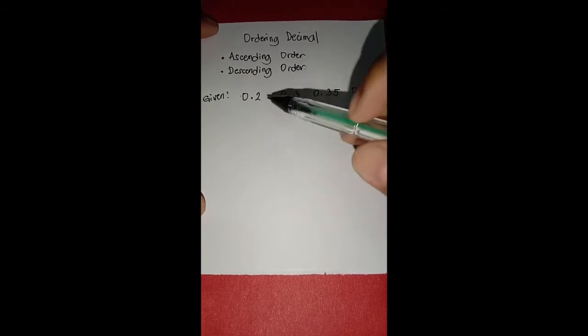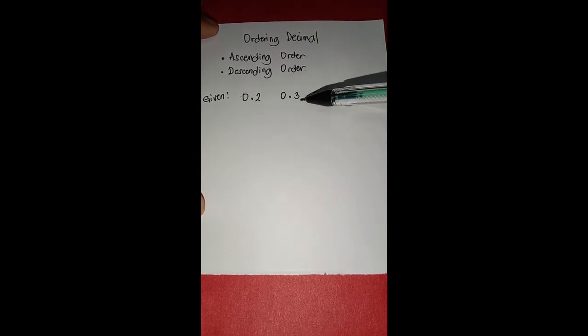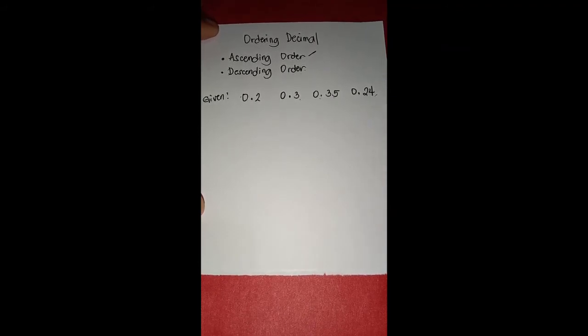So for example, meron ako ditong given example. So 0 and 2 tenths, 0 and 3 tenths, 0 and 35 hundredths, and 0 and 24 hundredths. So kapag sinabi na i-arrange itong numbers na ito into ascending order, we need to arrange them from smallest to greatest. So to arrange the decimal numbers, first we need to rewrite them so they have the same place value.